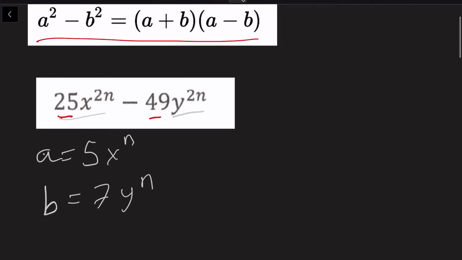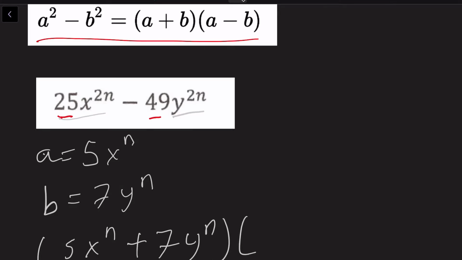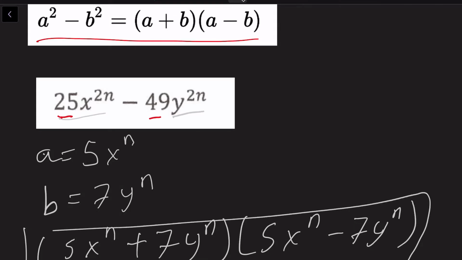Now we can just use our formula up top, and our answer is going to be a plus b, that's 5x to the n plus 7y to the n, multiplied by a minus b, 5x to the n minus 7y to the n. And then this is our answer.